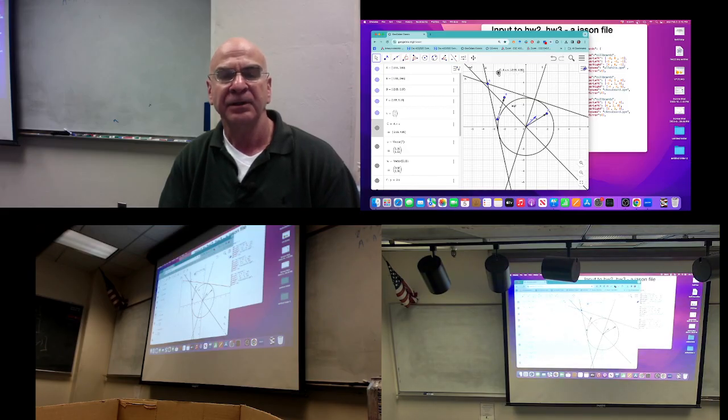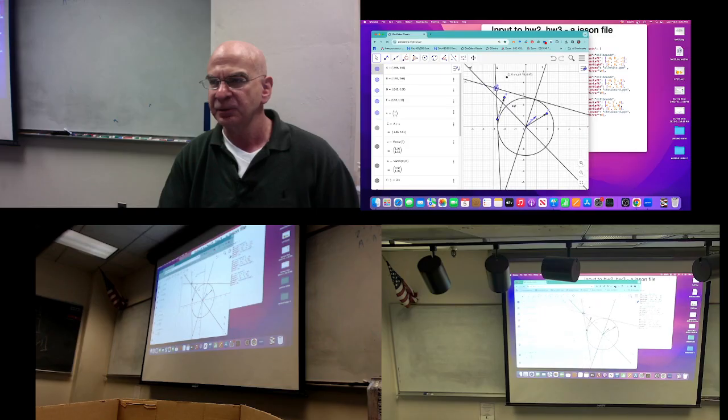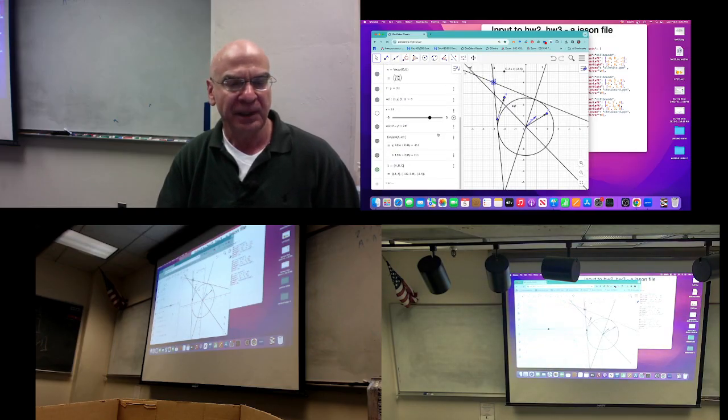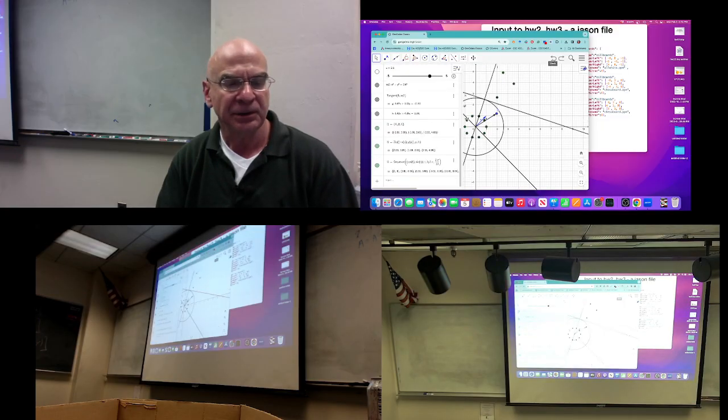It doesn't let me move it because it's not created by itself. The point that is at the beginning of the dependence was A, and when A is moved, then C is moved.